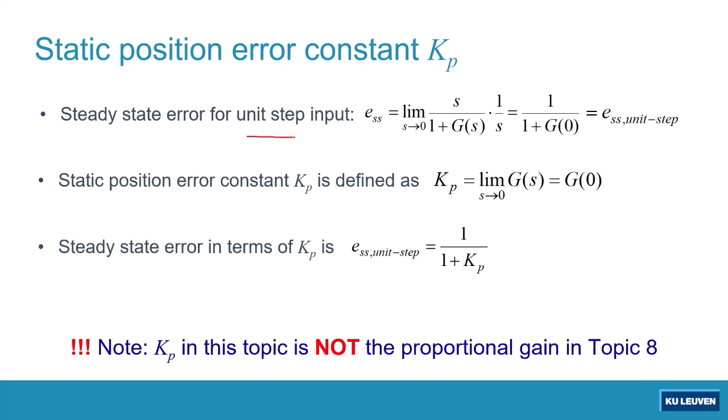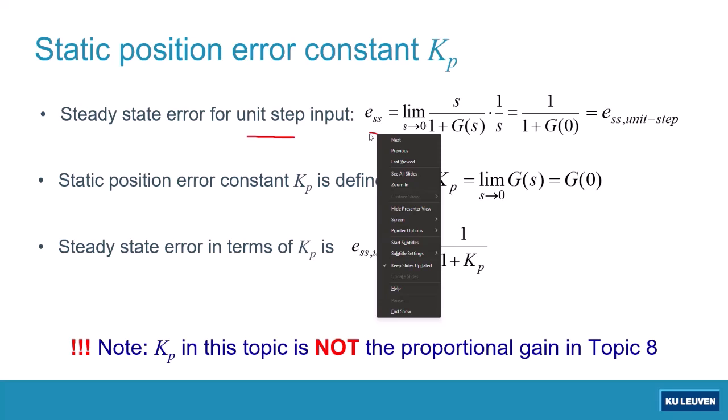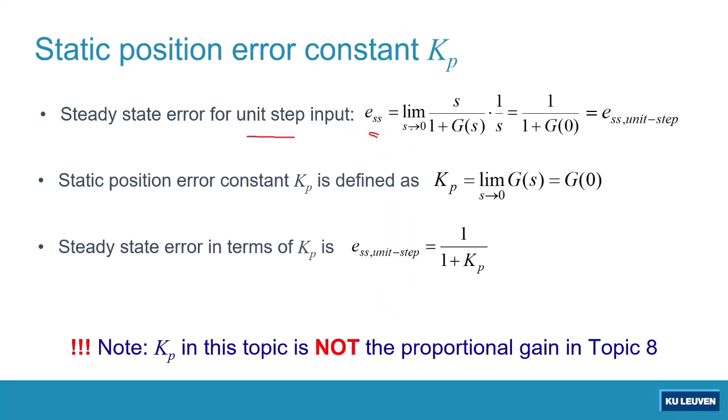From the previous formula that calculates steady state error, the steady state error for unit step response can be calculated from this formula, right? Limit s to 0, s times 1 over 1 plus G times the input R, where in this case, because we have a unity step input, the unity step input in Laplace domain is equal to 1 over s.